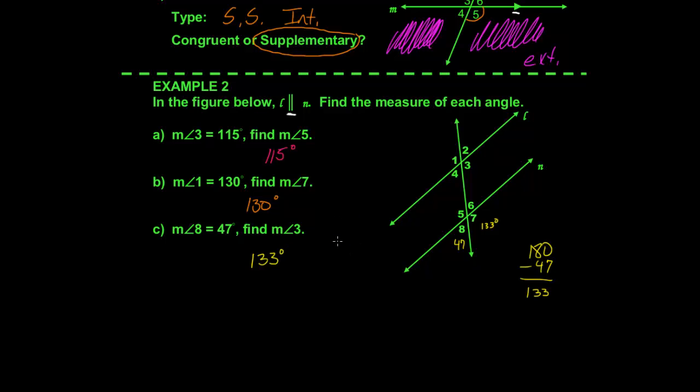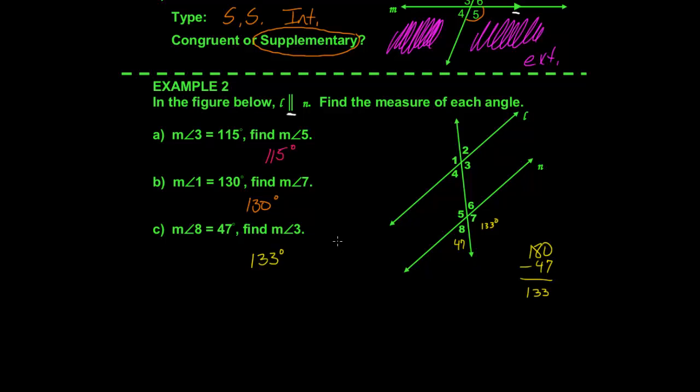If two lines are parallel, it makes it very easy to go through and fill out any of the missing information using the knowledge of whether the angles are corresponding, congruent, or supplements.